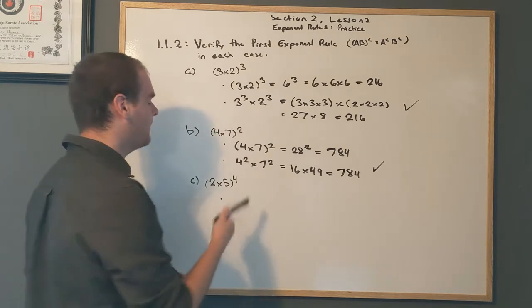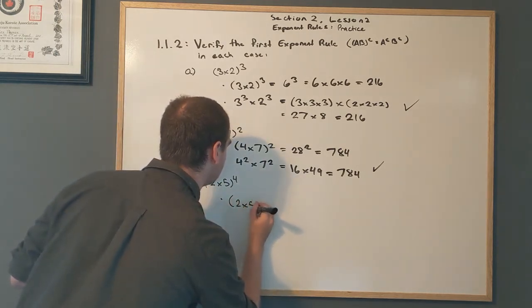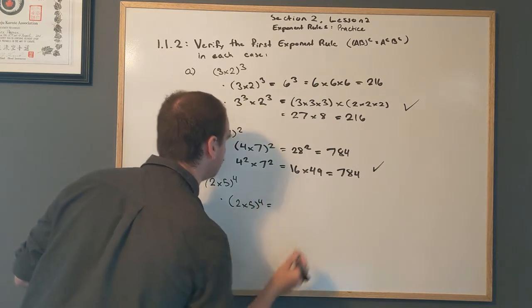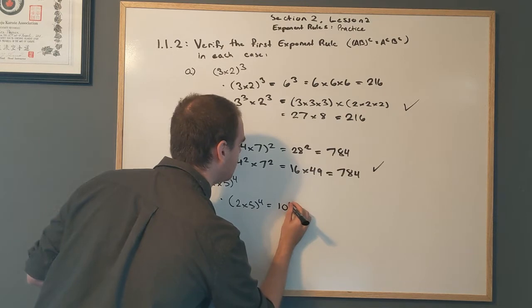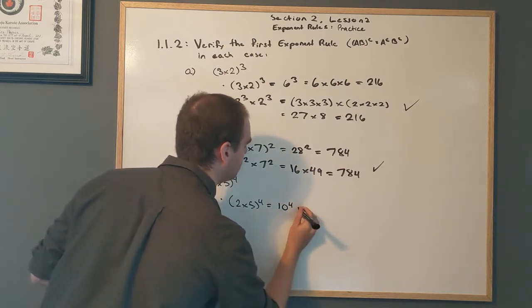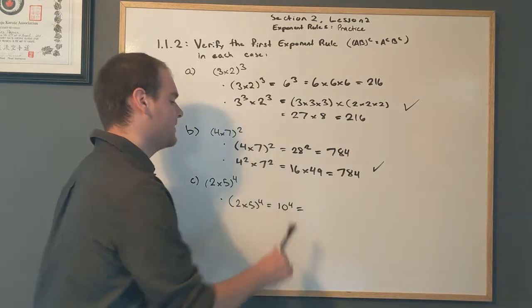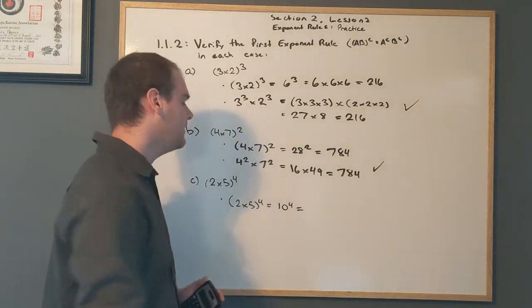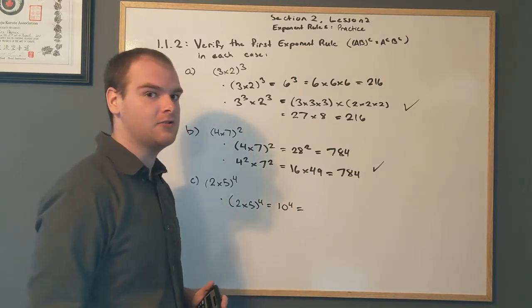Next, we have 2 times 5 to the power of 4. First, we look at the base. This is 10 to the power of 4. Now, here we have a base of 10, a trick for bases of 10. When you have 10 to the power of an exponent, that exponent tells you how many zeros are in the result.